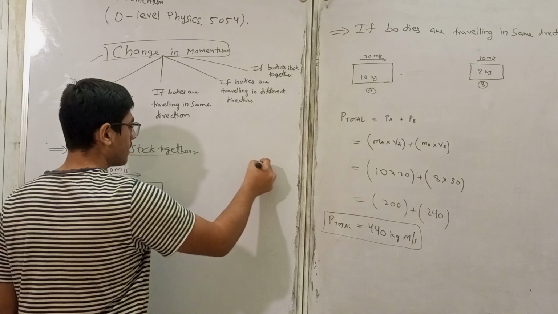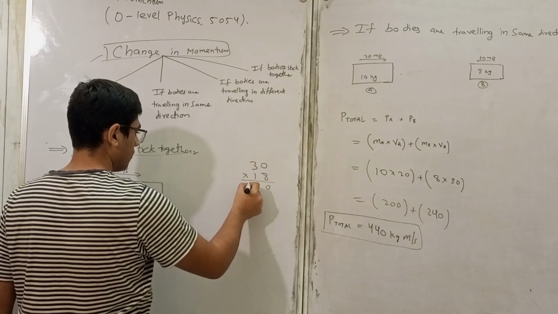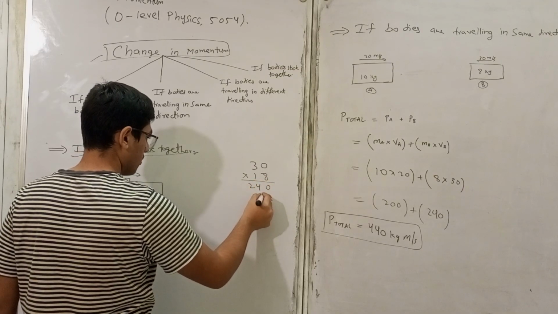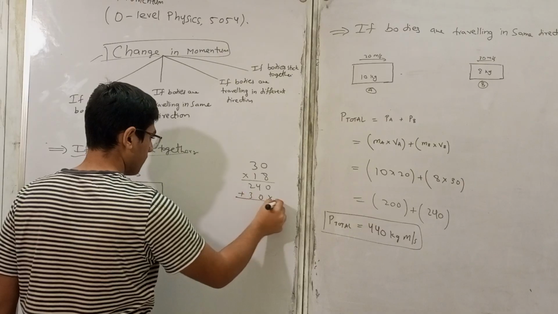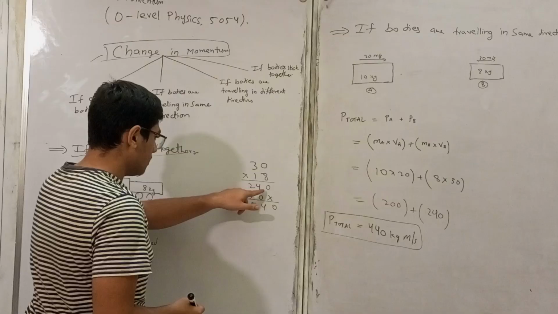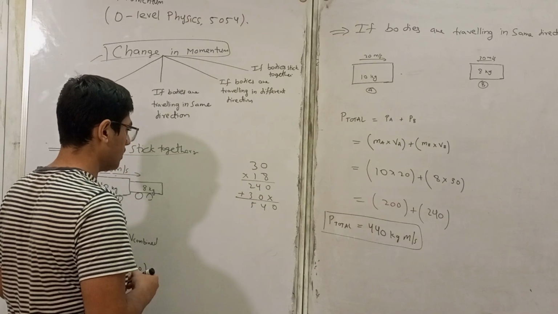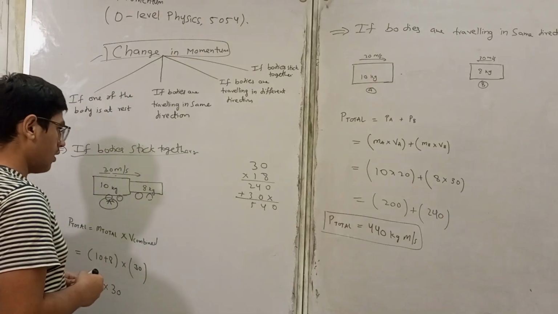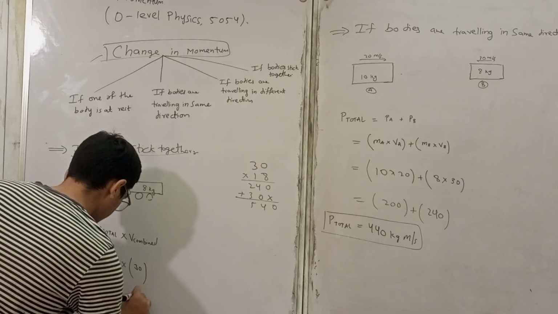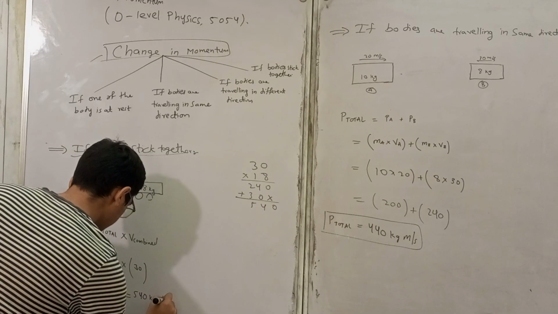Now we can multiply here. So total momentum will be 540 kg meter per second.